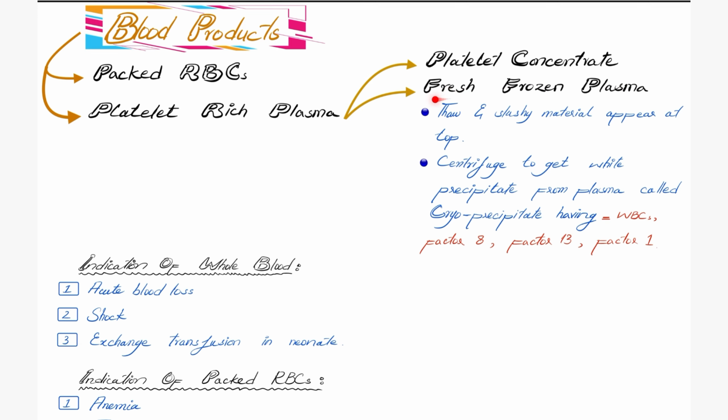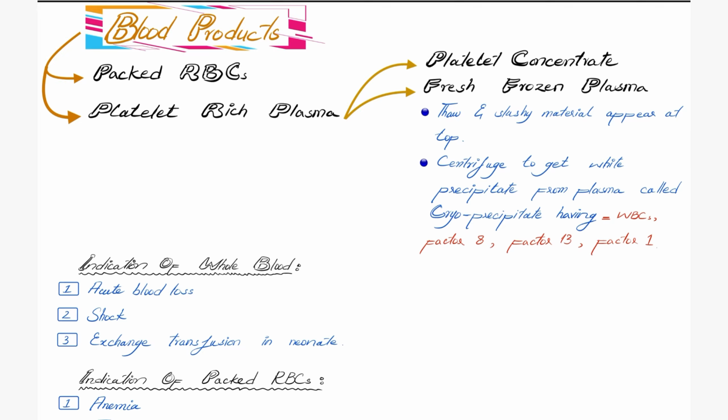Now, from this fresh frozen plasma, we can obtain cryoprecipitate: when it is thawed, a slushy material appears at its top, and this slushy material is separated by centrifugation. This is called cryoprecipitate, which has factor 8, factor 13, and factor 1 in it.